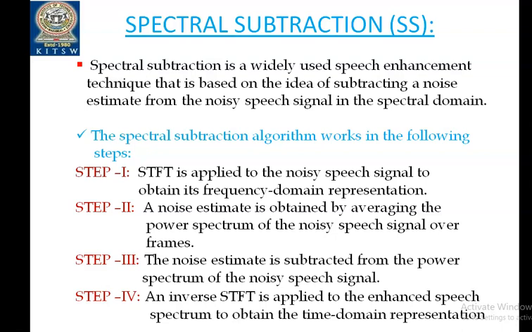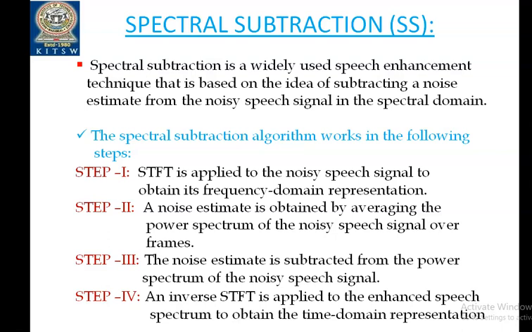The third step is that the noise estimate is subtracted from the power spectrum of the noisy speech signal. And the last step is that an inverse STFT is applied to the enhanced speech spectrum to obtain the time domain representation. So these four steps are very important for us to understand the method of spectral subtraction.